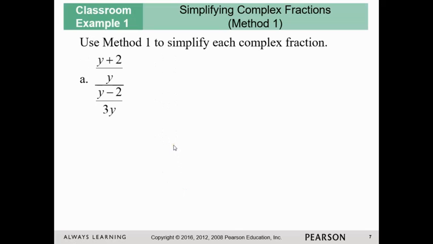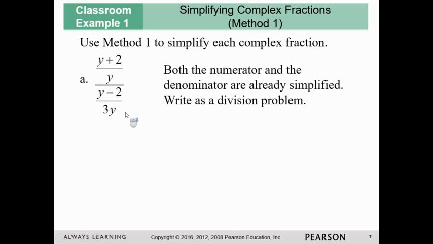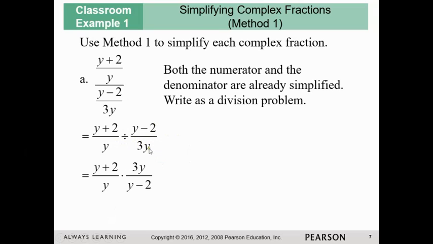So here we go with another one that's a little bit more complicated. We've got y plus 2 over y divided by, or a complex fraction. We've got a fraction in the numerator and a fraction in the denominator. The first thing we do, it's already simplified down, so first thing we do is write it as a division problem. So we've written this as a division problem here. So now we're going to flip the divisor.